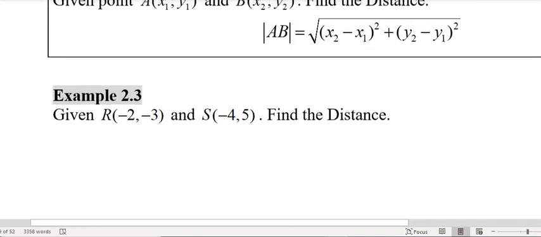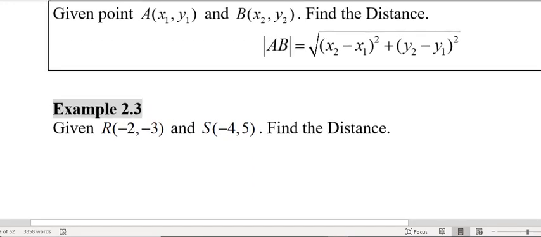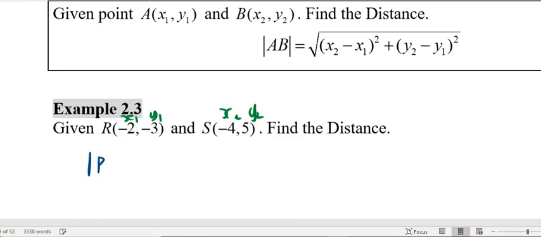So how do you get the answer for example 2.3? As usual, highlight x1, y1, x2, y2 respectively to the coordinates of the points involved. So how do you find the magnitude or distance of RS?